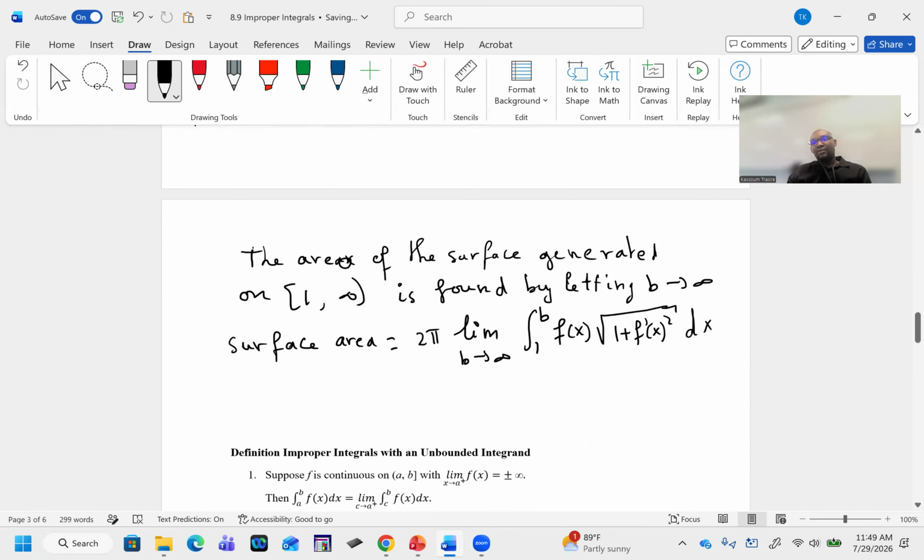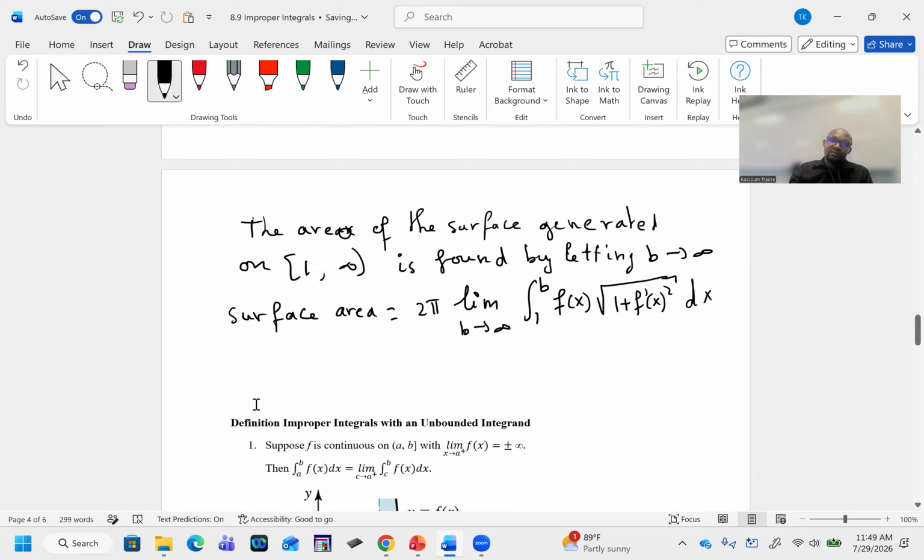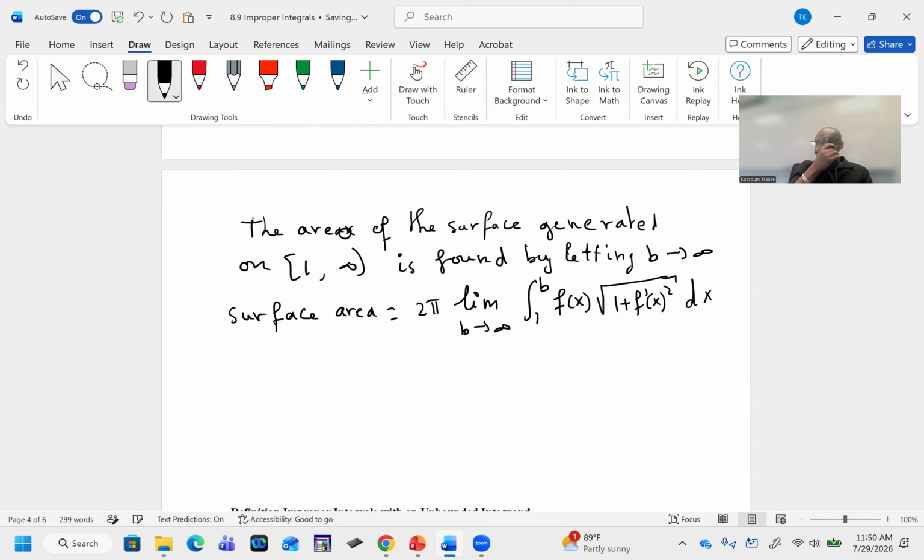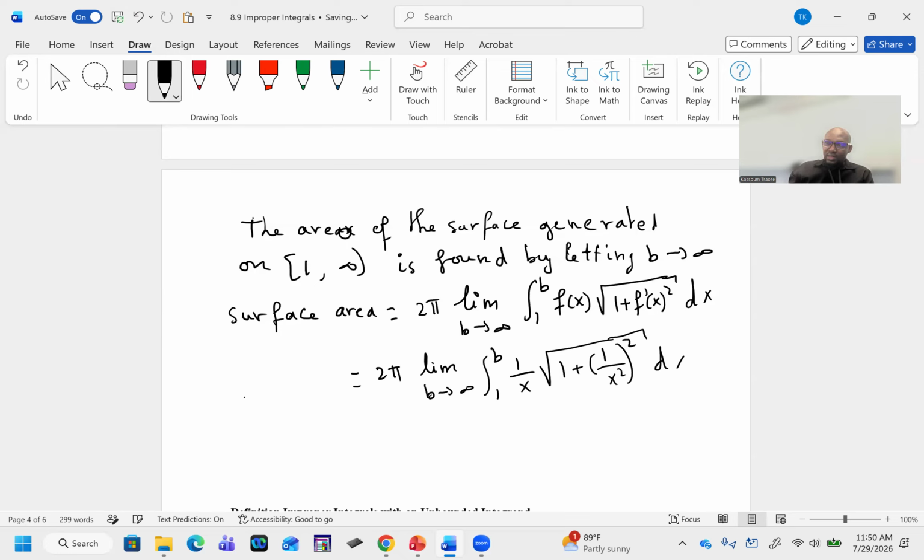So we know how to find f prime of x, right? So this one will give me 2 pi, the limit as b approaches infinity, 1 to b, 1 over x times square root of 1 plus (1 divided by x) squared dx. We have to simplify everything again.